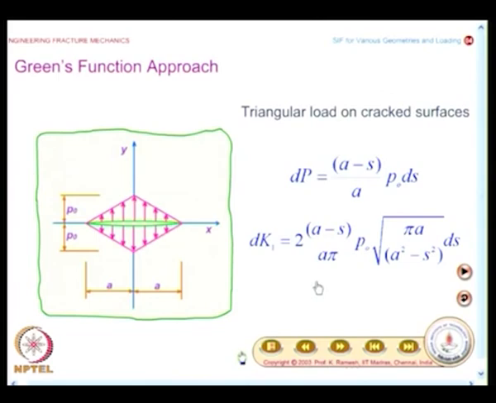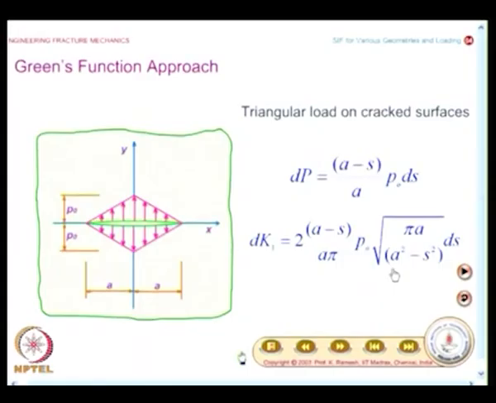Just flip your pages back and see what we had written as the expression for K1 for symmetric loading. The same expression I am using and replacing it in terms of dP, and whatever value we get, we call that dK1.